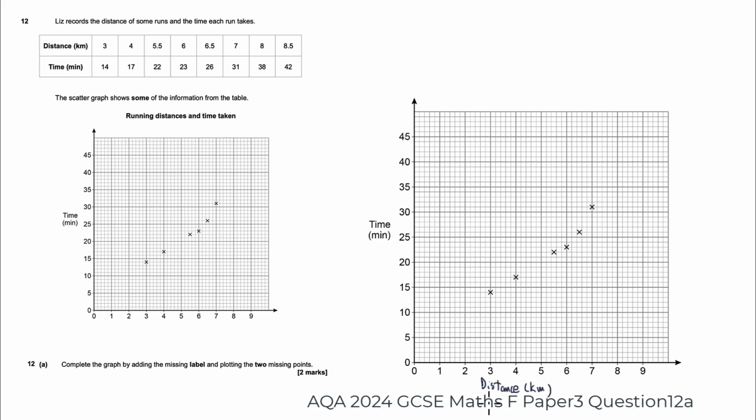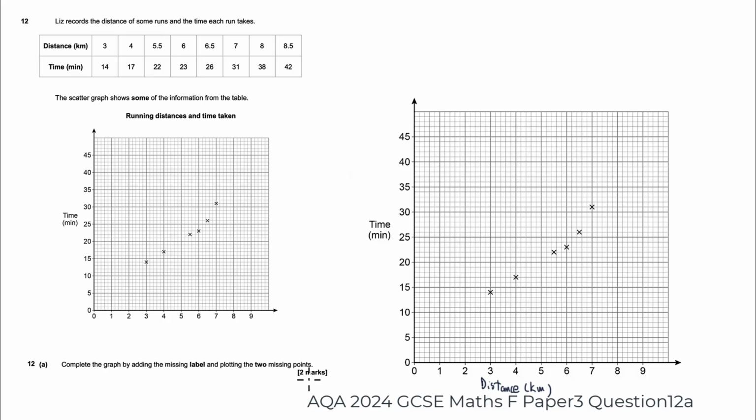And just to check what's going on the time axis, we'll notice there's 5 little squares from 10 up to 15. Each little square must be 1 minute. So in particular for the 3 kilometre run, she took 10, 11, 12, 13, 14 minutes. Let's just check that. 3 kilometres, 14 minutes. So that ties up with the first entry in the table.